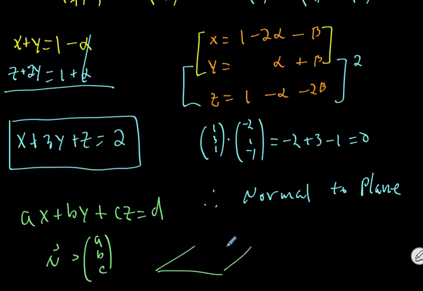And so if I have any plane, this normal vector n right here is perpendicular to the plane in any direction, and we know that the coefficients a, b, c from our Cartesian equation of a plane give that vector. Sound good, guys? Thanks.